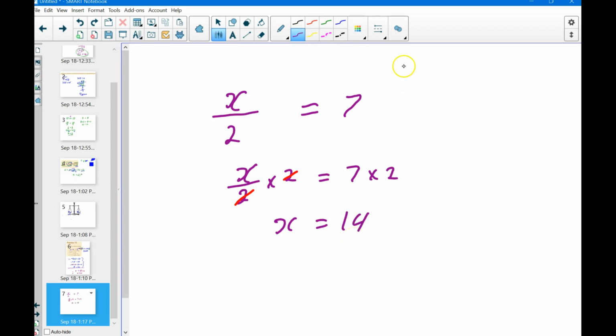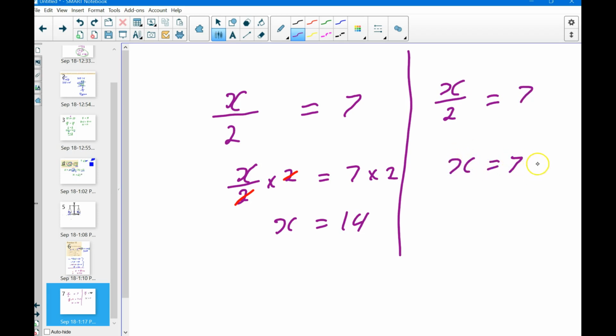Or I can do this: x equals 7 times 2. So all I'm doing in this case is skipping this step right here. If you don't like that, do it the long way till you get comfortable with it. But if you want to do it the short way, that's the short way to do it too. Make sense?